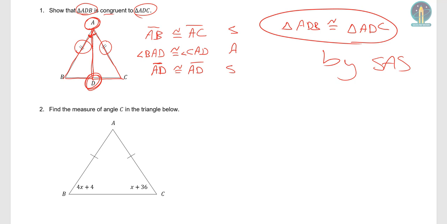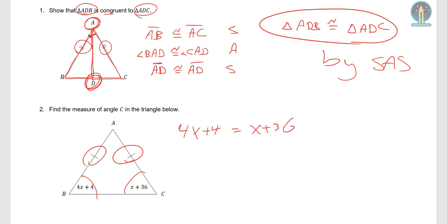Second exercise, find the measure of angle C in the triangle below. This is clearly an isosceles triangle, and so the legs are congruent. So both of these base angles will have to be congruent. So I can write 4x plus 4 equals x plus 36.